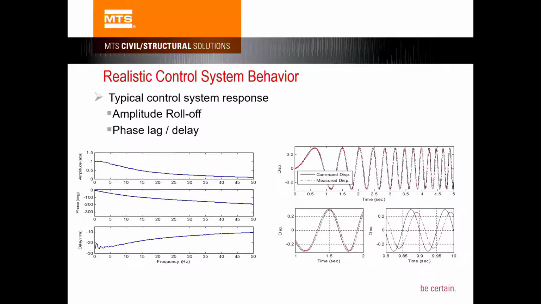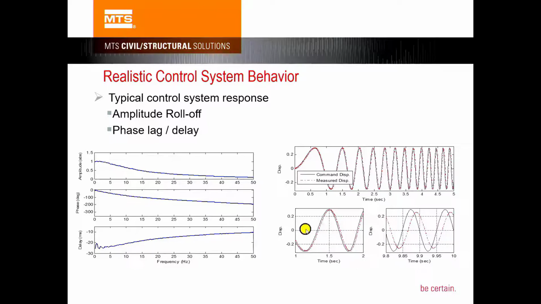So there are many functions. Also in real-time hybrid tests, you have to be careful, because in the real hydraulic system, between the command and the feedback, there's always a delay of between 15 milliseconds and maybe 60 milliseconds.